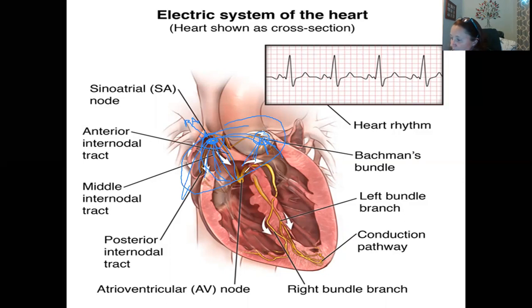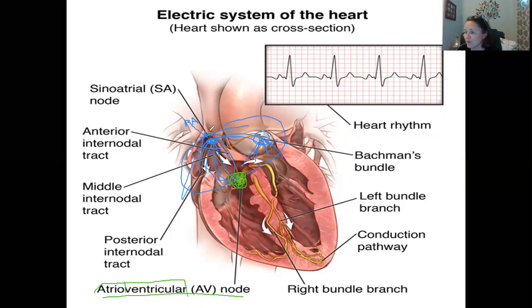So then we're going to come down to here. We've got the atrioventricular node. It's between the atrium and the ventricles, so that is why it's called the atrioventricular node, right in the middle.